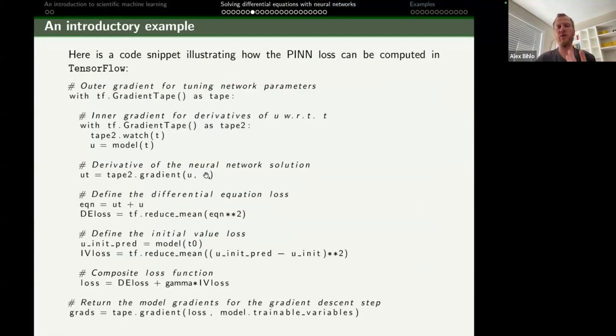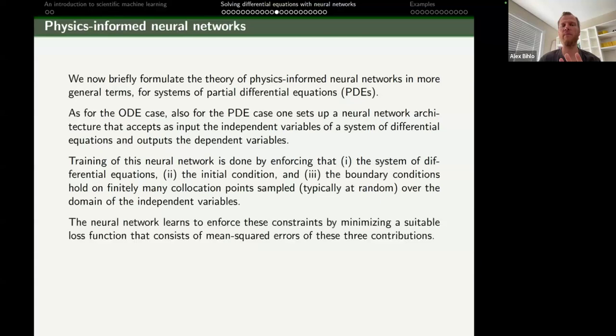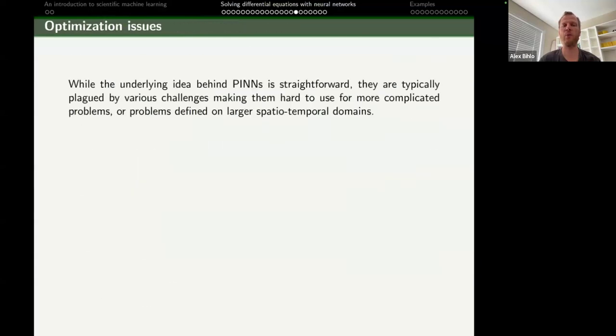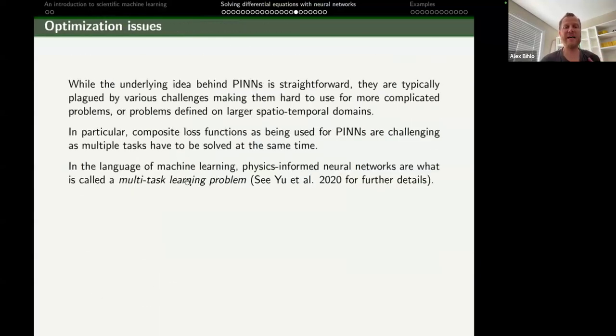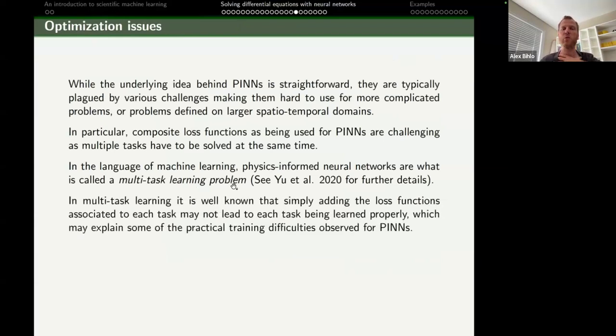In the language of optimization, this is called a multitask optimization problem, a multitask learning problem, and these are notoriously challenging to solve. And it is well known in multitask learning that simply adding the loss functions associated to each task might not actually lead to each task being learned properly. If you studied optimization, this is sometimes called Pareto learning.